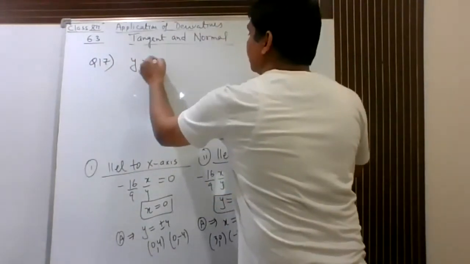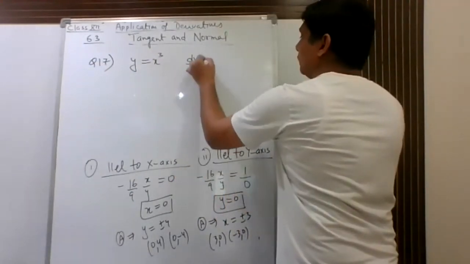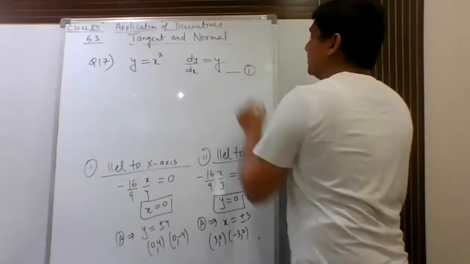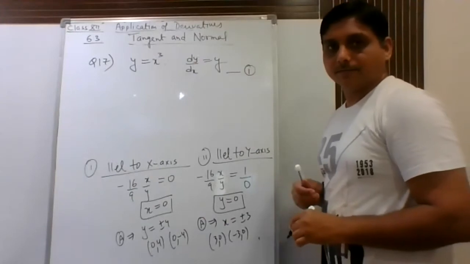In number 17, this curve is given to us, and it is written that the slope of the tangent is equal to the y coordinate. So this is the given information.